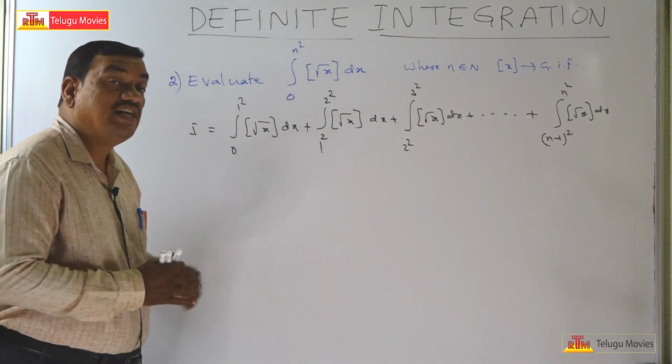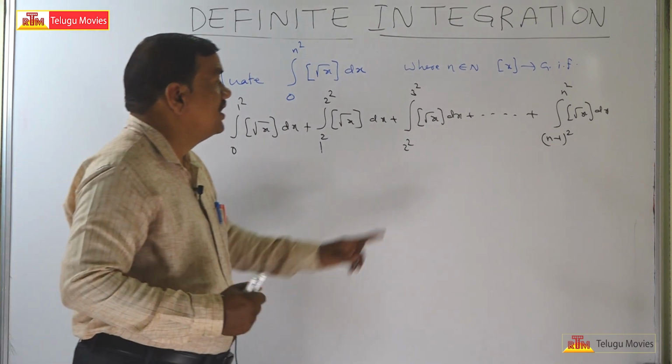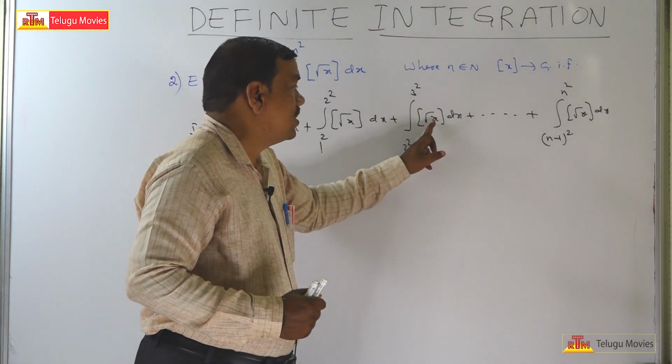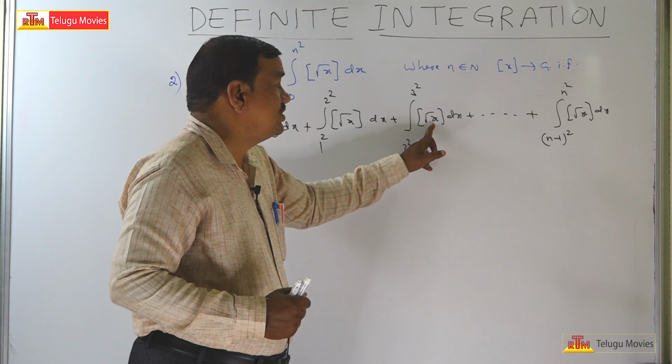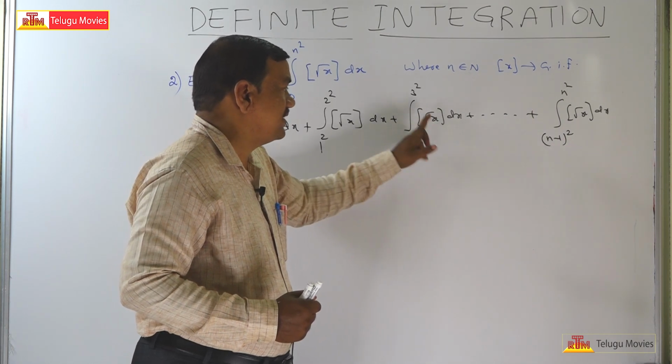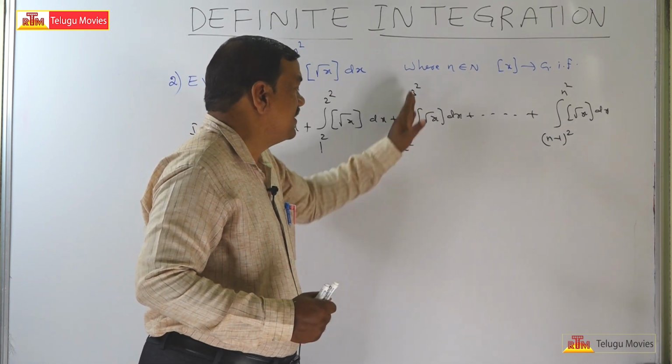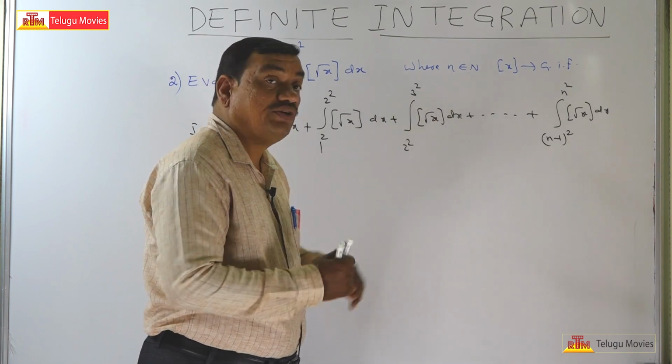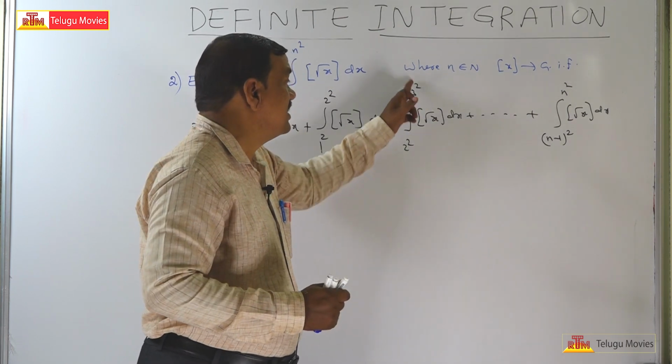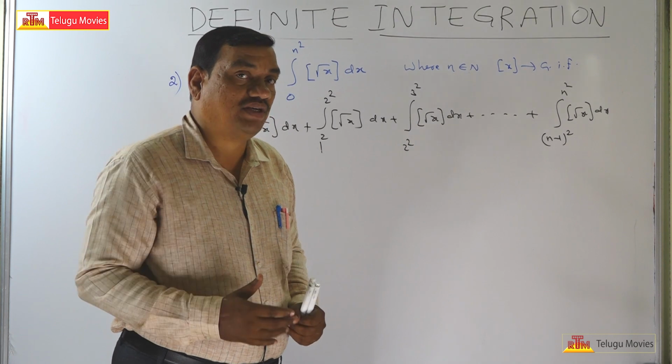Here, from 0 to 1 square, root x value lies between 0 to 1. Between 2 square and 3 square, root x lies between 2 and 3, so that means 2 point something.